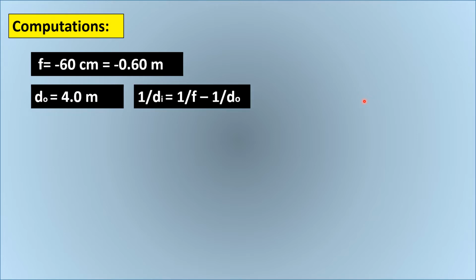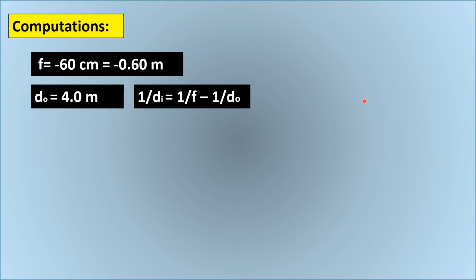The thin lens equation is just the same as the mirror equation we had last time. In terms of finding the image distance, its original equation is 1 over di equals 1 over f minus 1 over do.